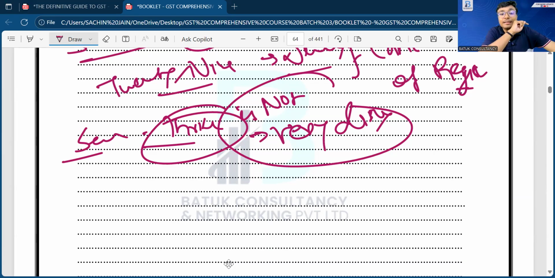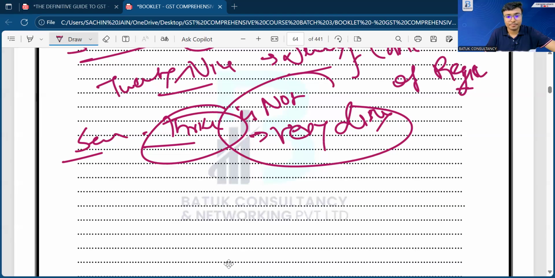That deduction of tax is under income tax, not under GST. Yes, section number 30 is not very dirty, because it provides the opportunity for revocation of cancellation of registration.